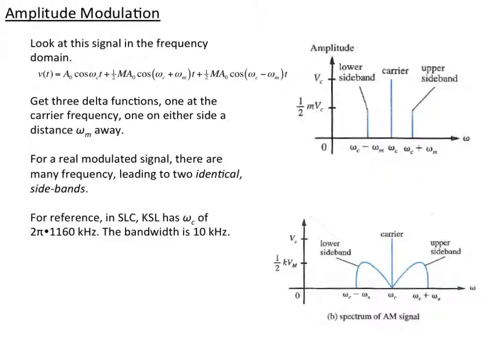So just for reference, KSL radio in Salt Lake City, the carrier wave has a frequency of 1160 kilohertz, and so omega c for that is 2 pi times 1160 kilohertz. The width of the band that's allowed in AM radio is 10 kilohertz. So all the frequencies between here and here cover about 10 kilohertz.